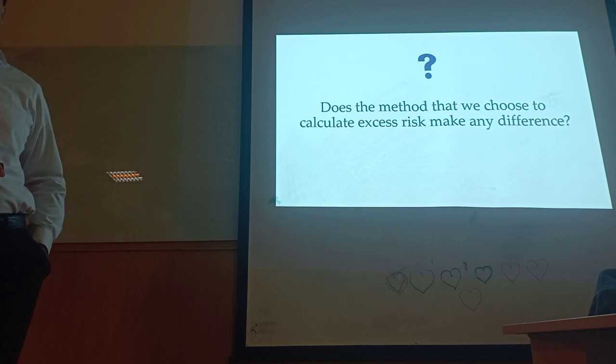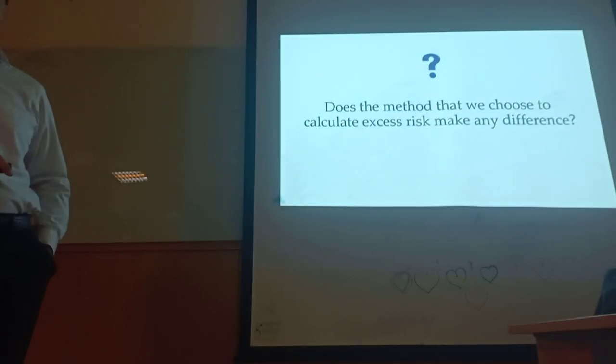I think the difference, because in a ratio you will have a decimal value. Actually, the answer is it depends. It depends on the application of the calculation of excess risk.